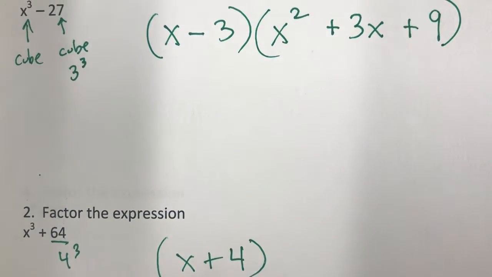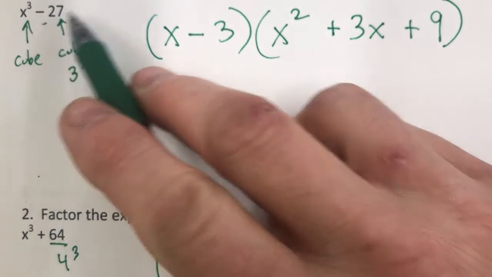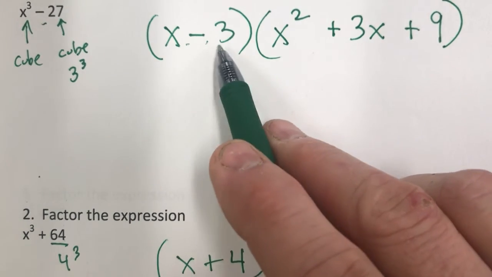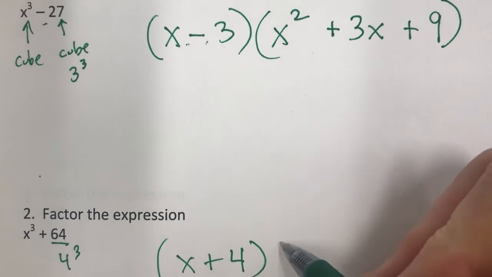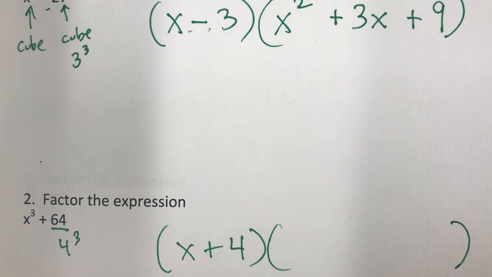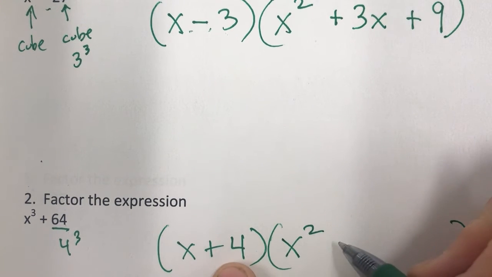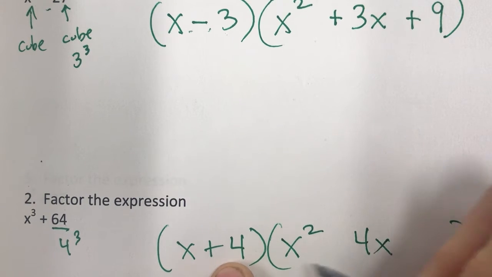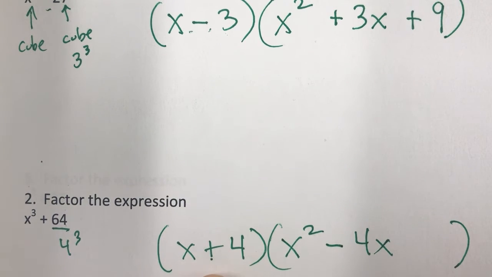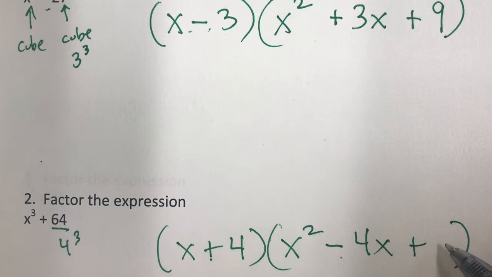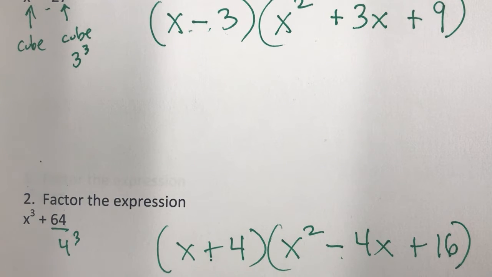Just like I did up here a while ago, this is x minus, this is x minus, and I do the third root of the 27. Now, what do I have in here? It's always going to be x squared. Then it's going to be my 4x. But since this is plus, this will be minus. These are always going to be opposites. And then this is always plus down here. It's going to be 4 squared, which is 16. And there's my factors right there.